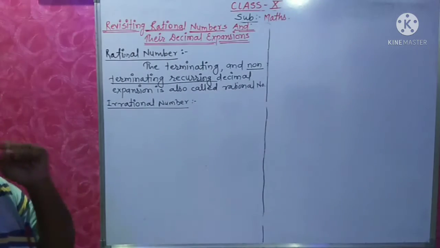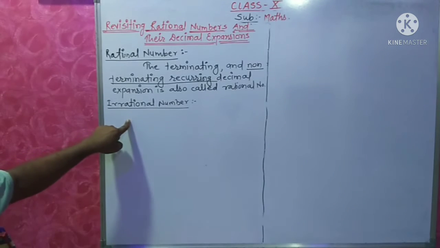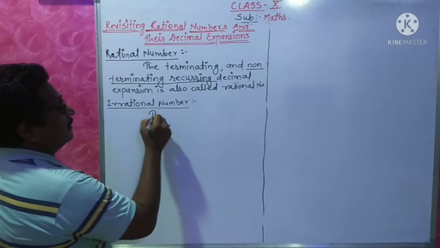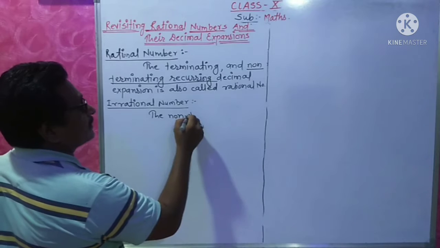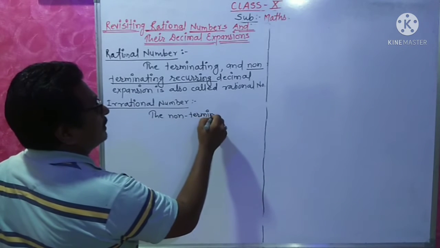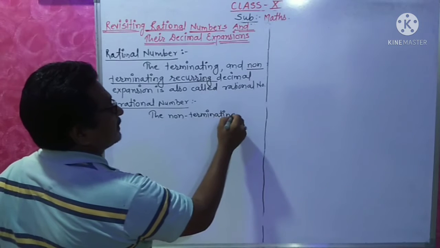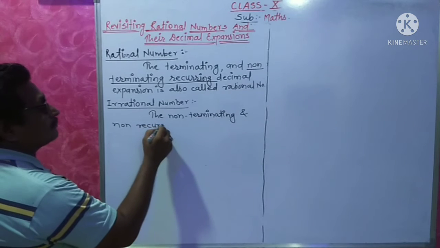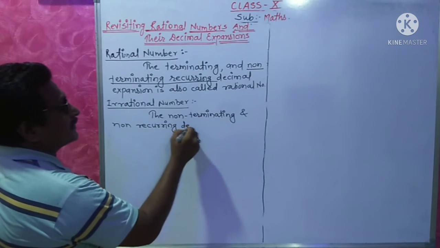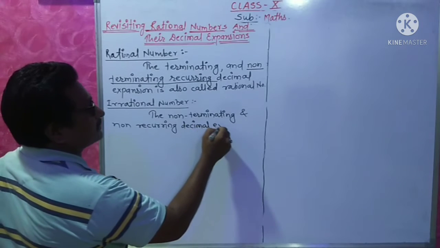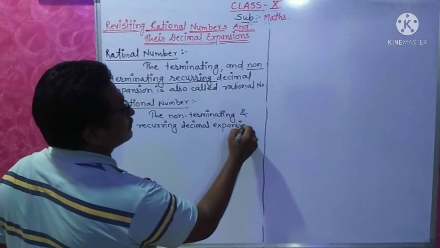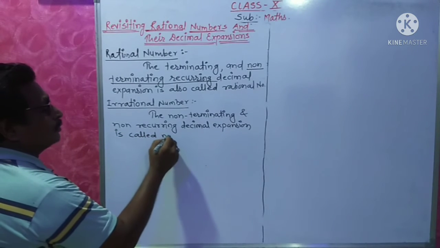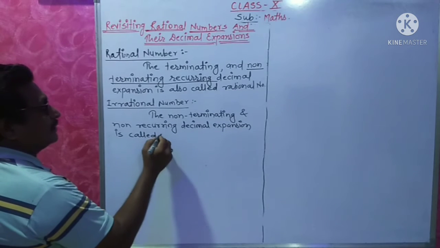And again one more definition: in the form of decimal expansion, a non-terminating and non-recurring decimal expansion is called an irrational number.